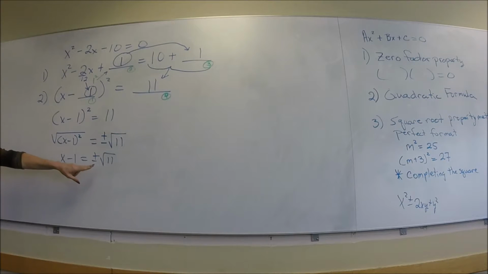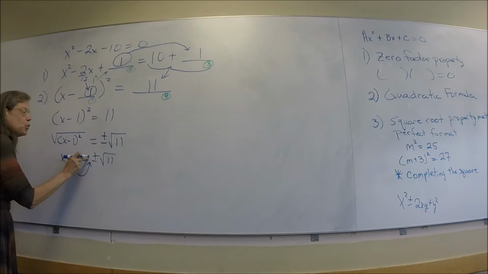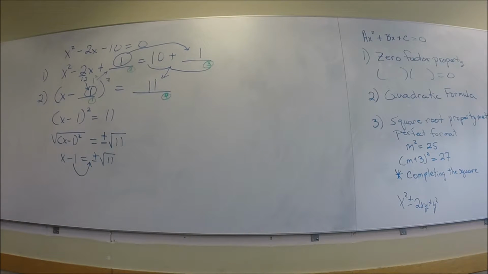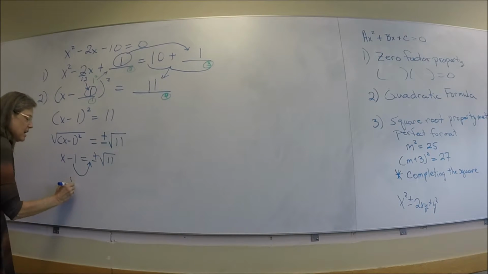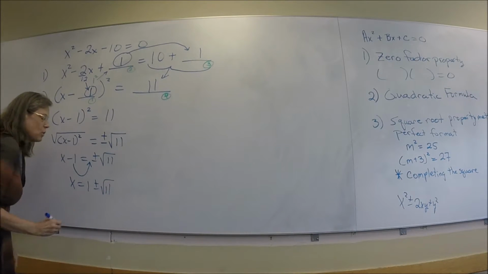And can I do anything with the square root of 11? No. So all I need to do now is get the x by itself. So that just means adding the 1. Always take him and push him up between the equals and the plus or minus. Okay? And so then I get x equals 1 plus or minus the square root of 11.